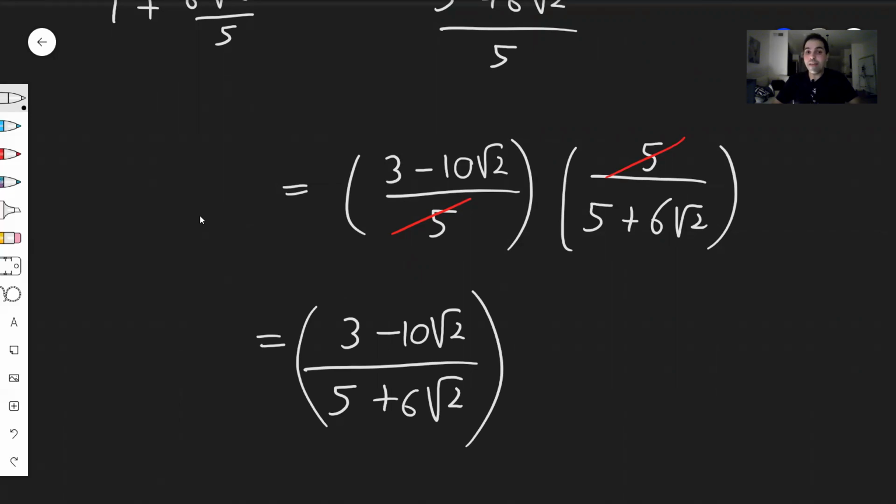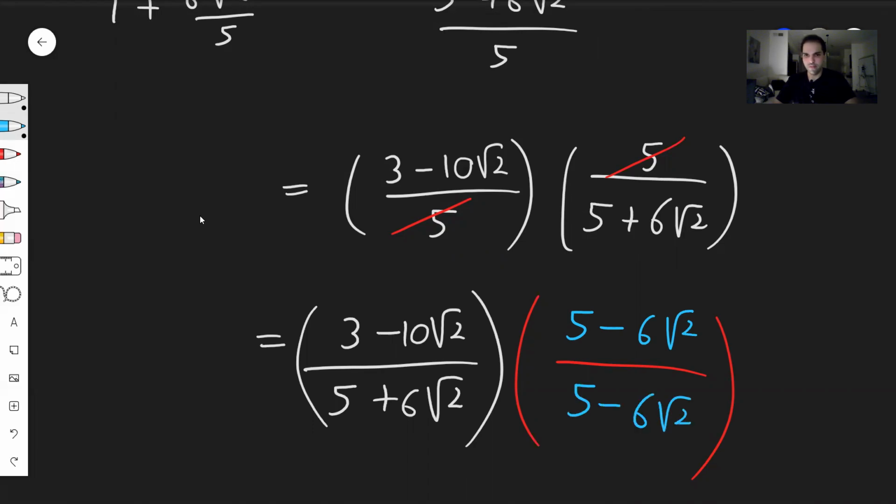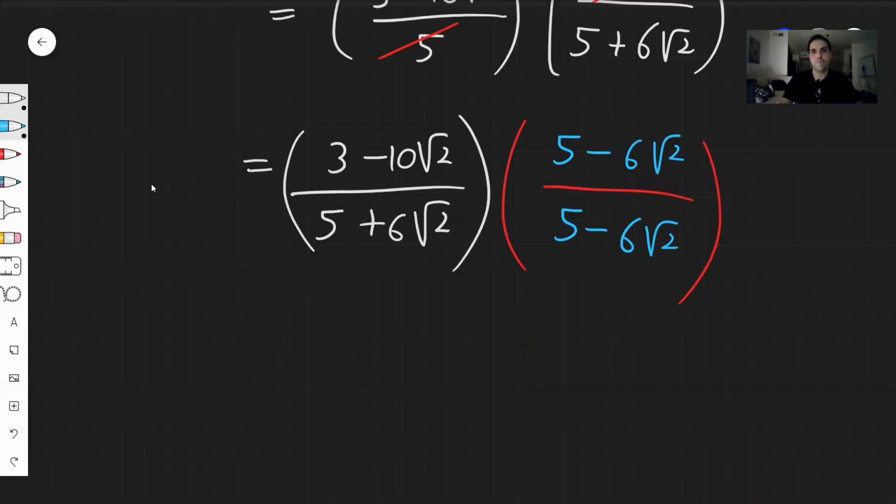Now, remember, we don't like square roots in the denominator, so what you should do in this problem is multiply by the conjugate. So multiply top and bottom by 5 minus 6 square root of 2, because you get a simplification.